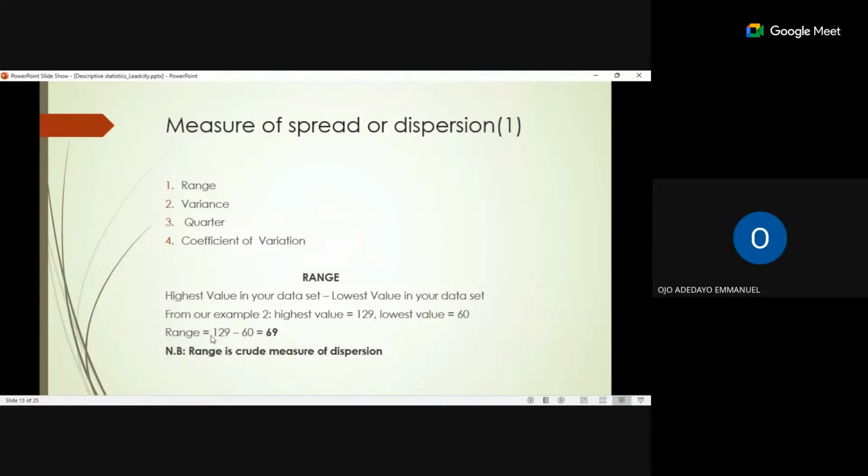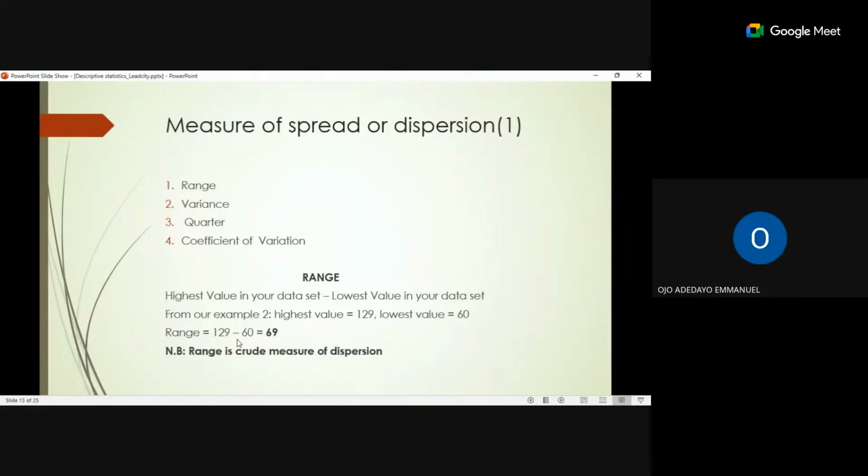But I want you to note this. Range is the crude measure of dispersion. When you hear the word crude, crude simply means unrefined, from the word crude oil. We can't just take crude oil and put it inside our car; they have to refine it to bring out the petrol. So the value that you are having here is not yet processed.